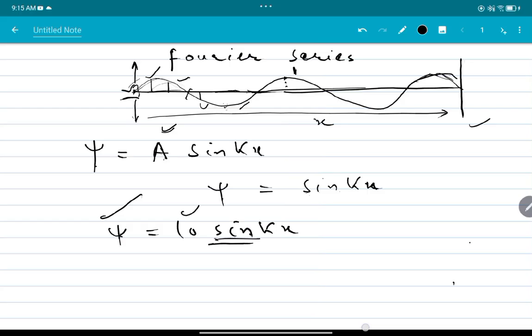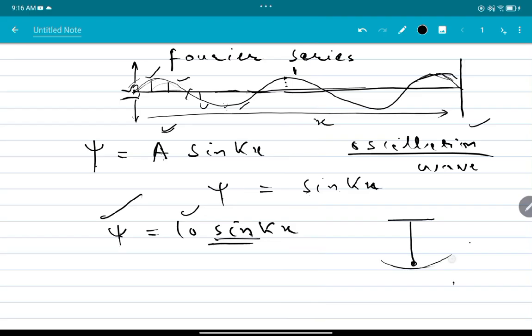Now, the important thing is that, let me clarify one more thing. There is a difference between oscillation and wave. Oscillation or vibration, whatever you call it. Oscillation and wave. In an oscillation, say it's that of a pendulum. You have a pendulum, and this pendulum is oscillating.